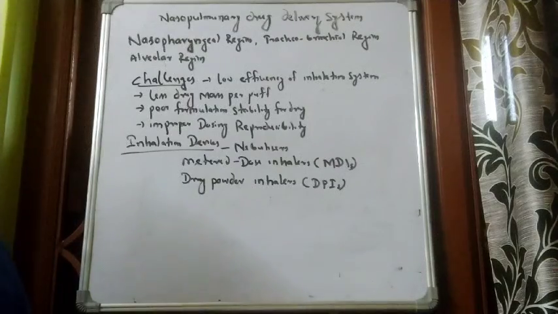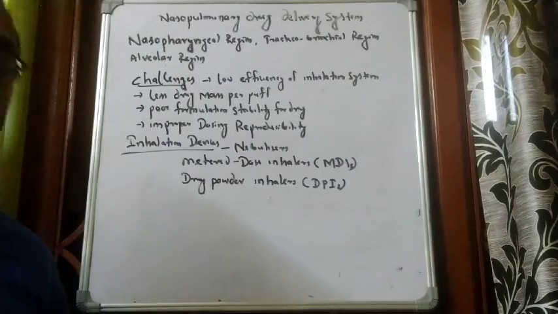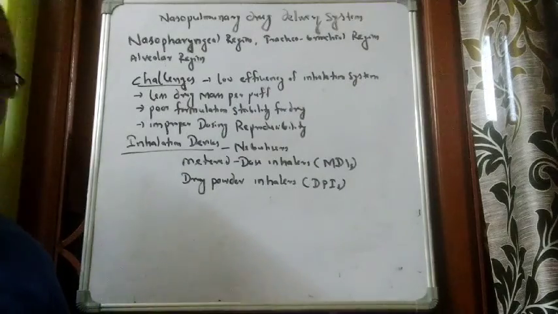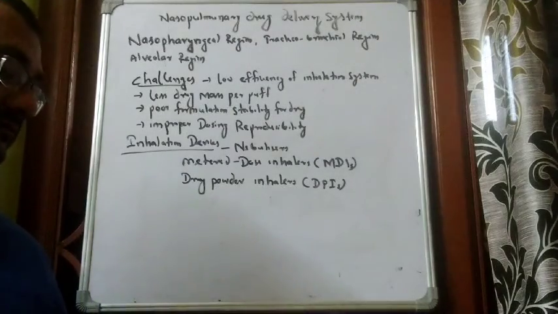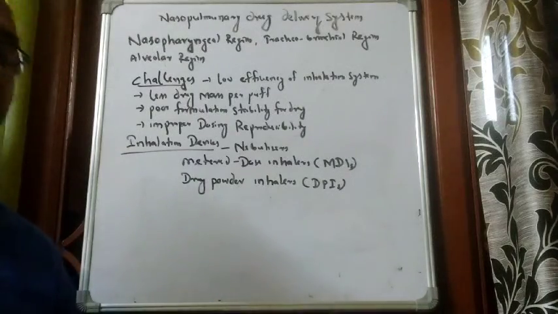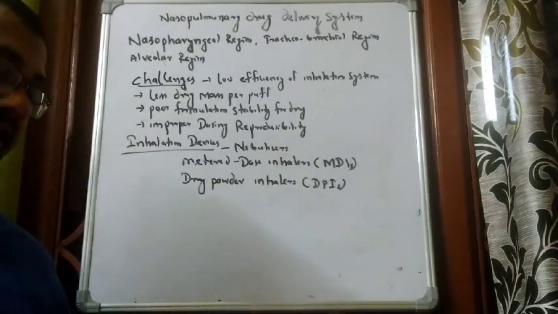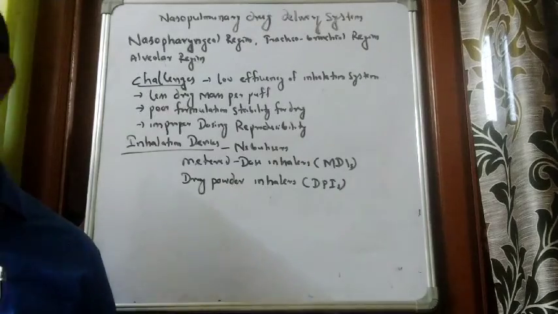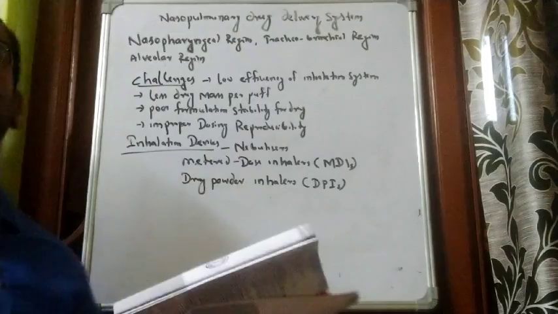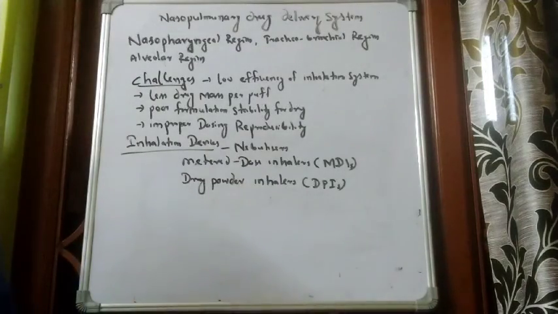Then, rapid onset of action, compared to the IV route, and it is quicker than oral drug delivery systems. Another advantage is that it avoids GI tract problems like GI irritation, low bioavailability and poor solubility. These problems can be rectified by using this type of drug delivery system.